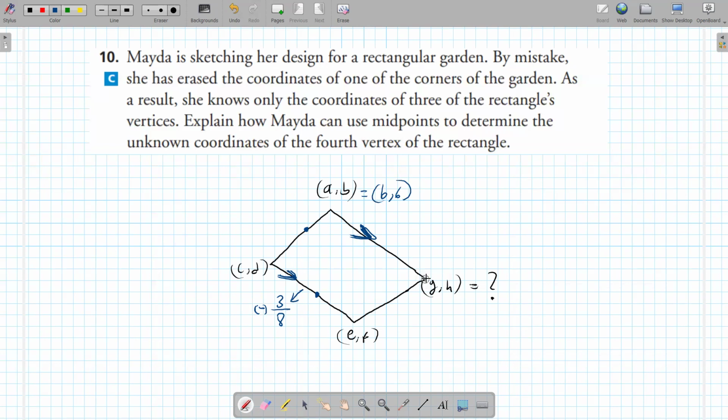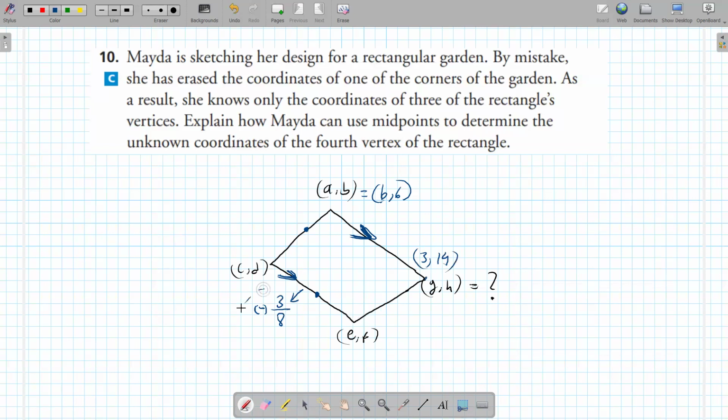What would be this point? You go 3 units down, yeah? And 8 units across. And that's going to be that point.